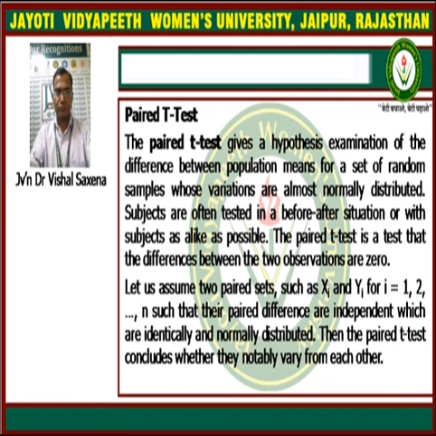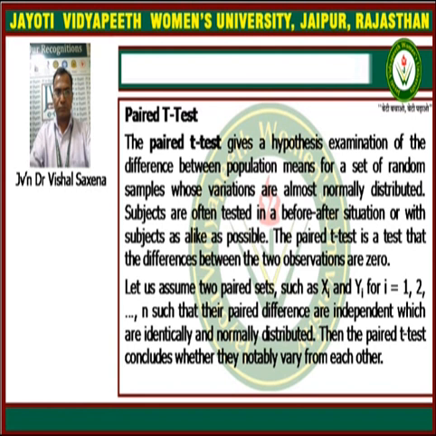Let us assume two paired sets, x_i and y_i, for i equal to 1, 2, 3 to n, such that their paired differences are independent and identically and normally distributed.